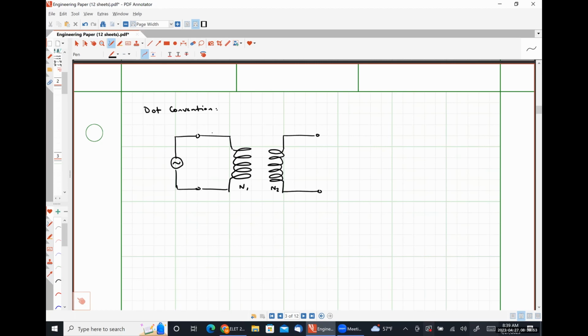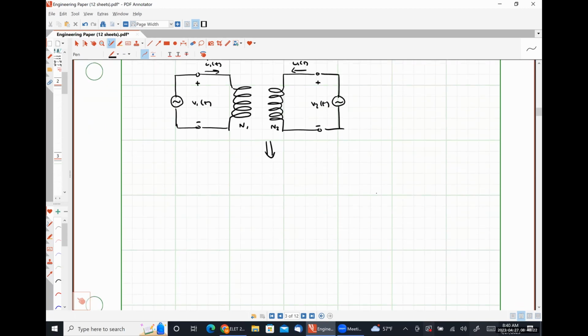There, this is I1 and V1, and this coil is excited. This is I2 and V2, and replace it with this.